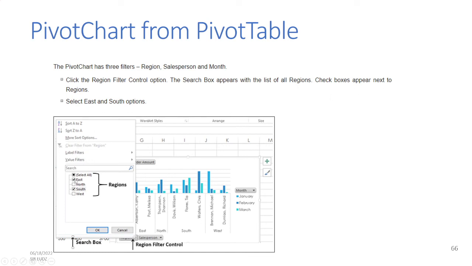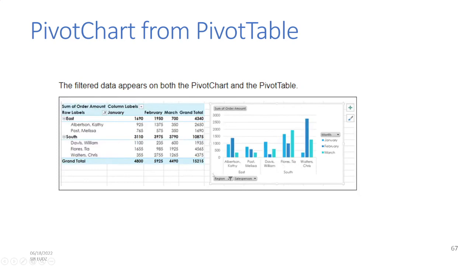For example, here we select East and South options. So the filtered data appears on both the pivot table and the pivot chart. Notice here the symbol, that means a filter is applied to region.